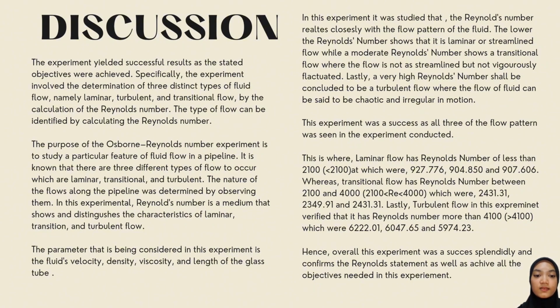Lastly, turbulent flow in this experiment verified that it has a Reynolds number of more than 4000, which were 6222.01, 6047.65, and 5974.23. Hence, overall, this experiment was a splendid success and confirmed Reynolds' statement as well as achieved all the objectives needed in this experiment.